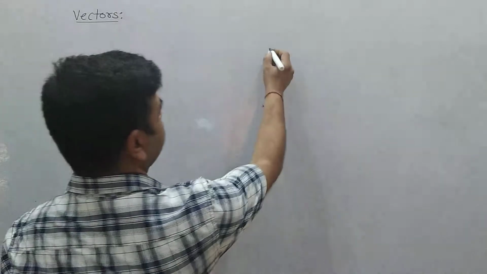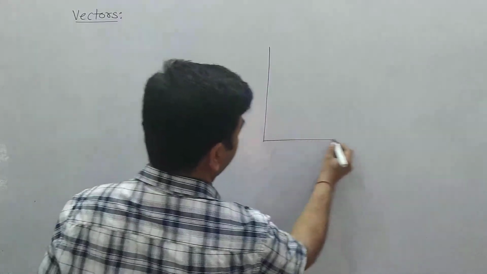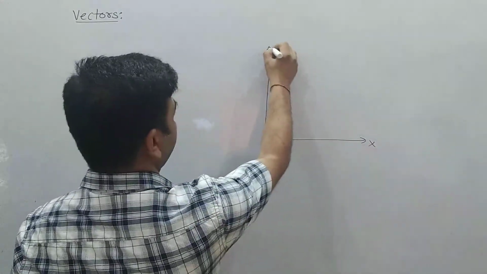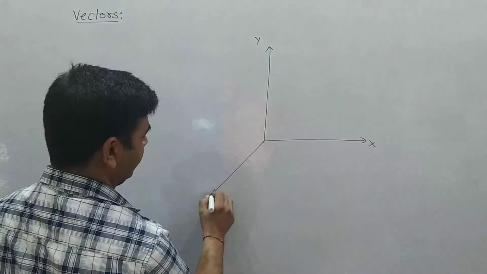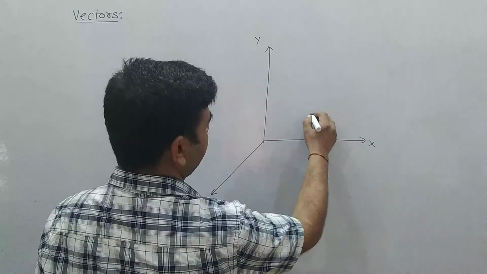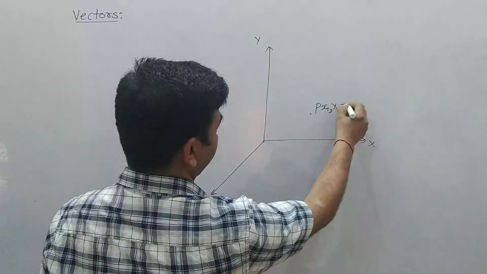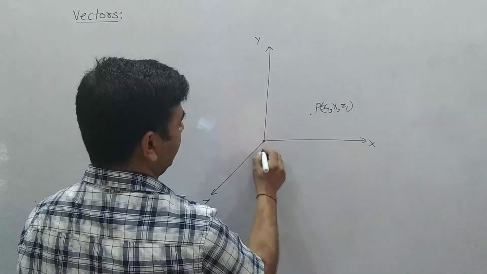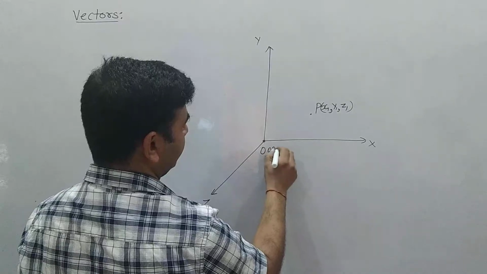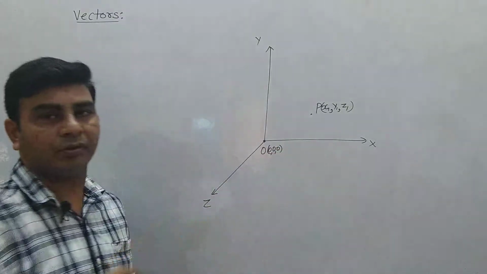Let us consider the x-axis, y-axis and z-axis respectively, and let P be any point with coordinates x1, y1, z1, and O be the origin with coordinates 0, 0, 0.